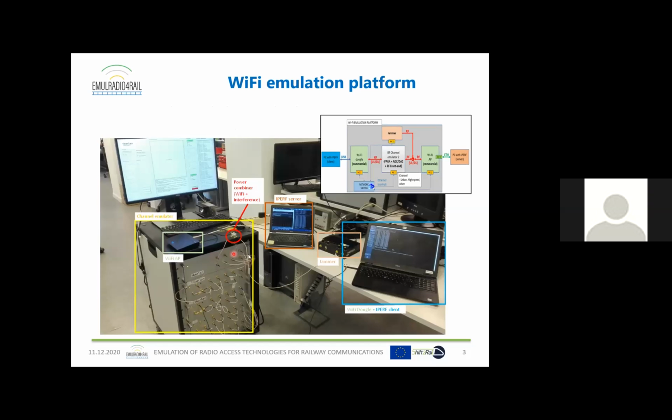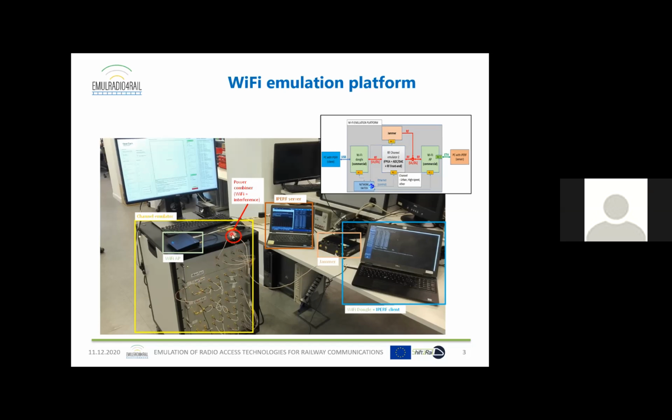So here you can see a picture of the real implementation of this Wi-Fi emulation platform and a block diagram. On the right we have the PC that will be in charge of generating the IP traffic, which has the Wi-Fi dongle connected. The Wi-Fi dongle's RF output is connected with an SMA cable to the channel emulator, and the signal coming out of the channel emulator goes into a power combiner, which adds this output signal with the interfering signal created by the jammer.